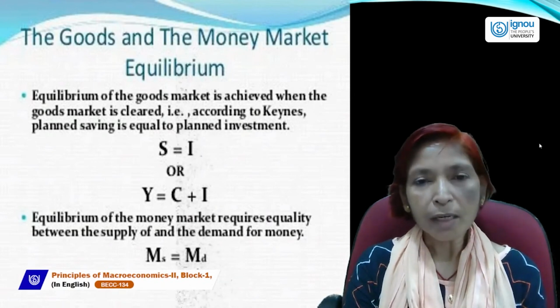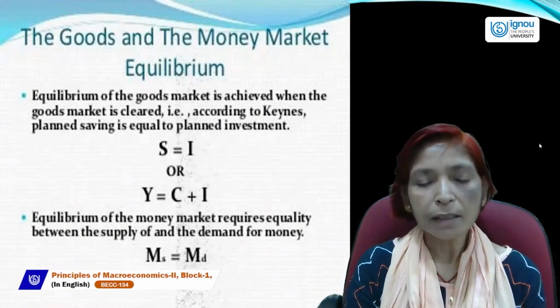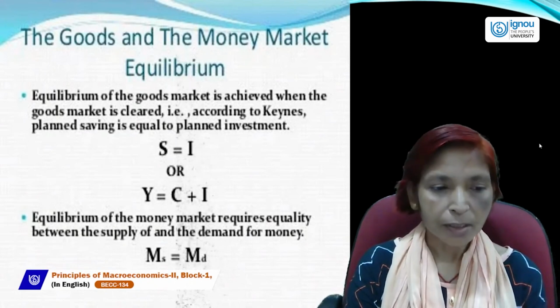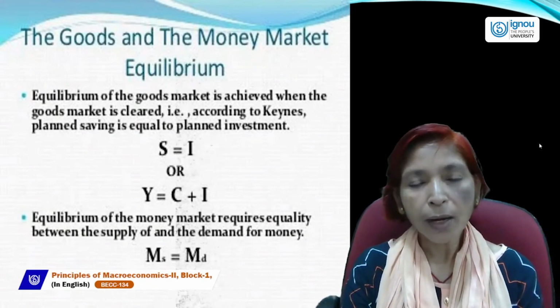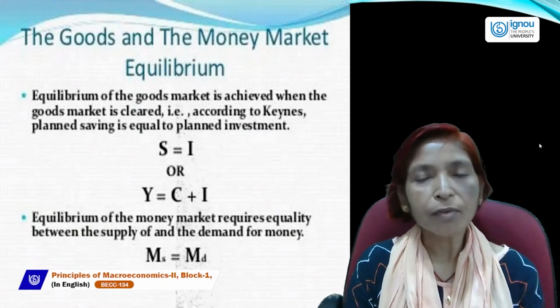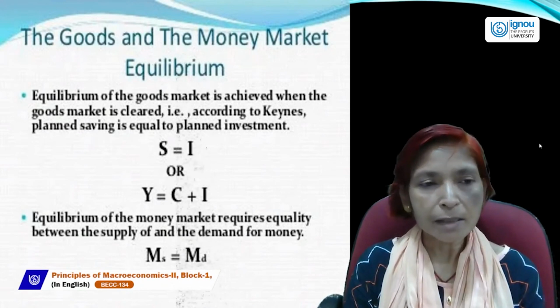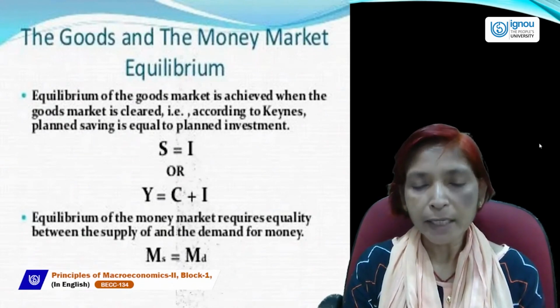In the case of money market equilibrium, where money demand is equal to money supply, an equilibrium situation can be achieved. So equilibrium of the money market requires equality between the supply of money and the demand for money. Supply of money can be written MS and demand for money we can write MD.